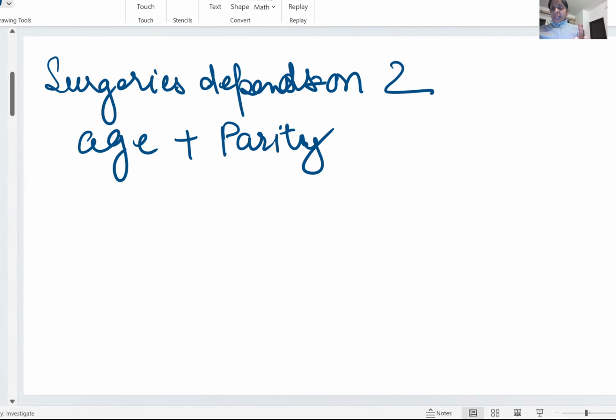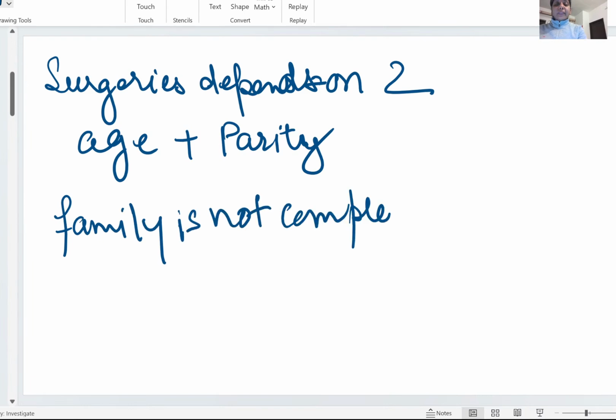Now, if the patient's family is not completed, that is, the patient wants one more child from her uterus, then we cannot touch the uterus. What is the surgery we do for it?